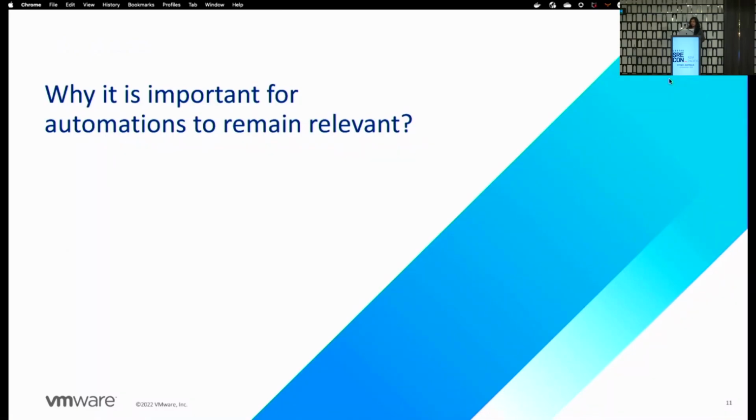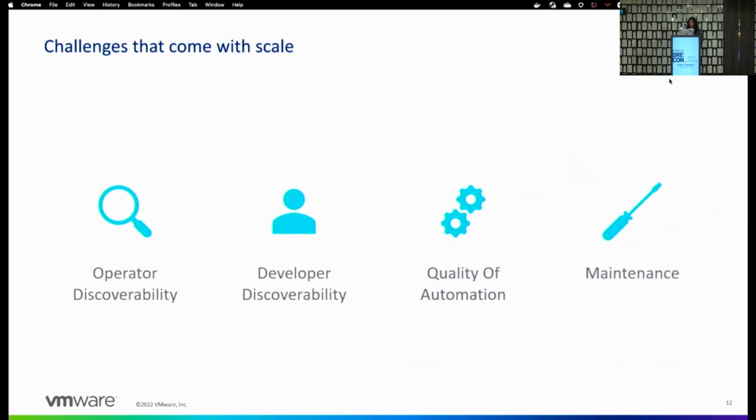So when we are working at such a scale, it is very important for us as an automation platform for the automations to remain relevant.